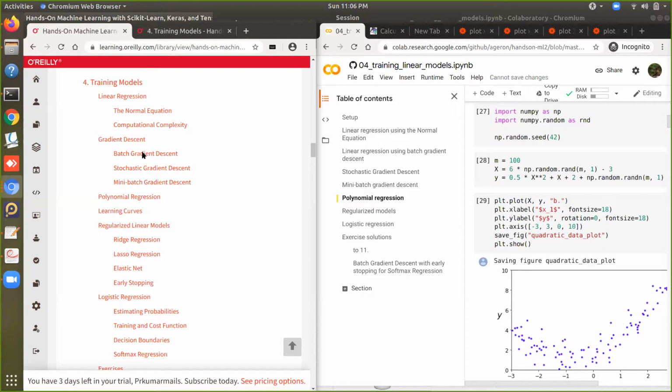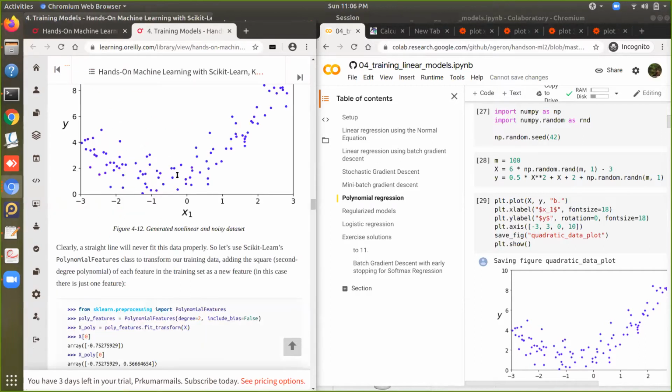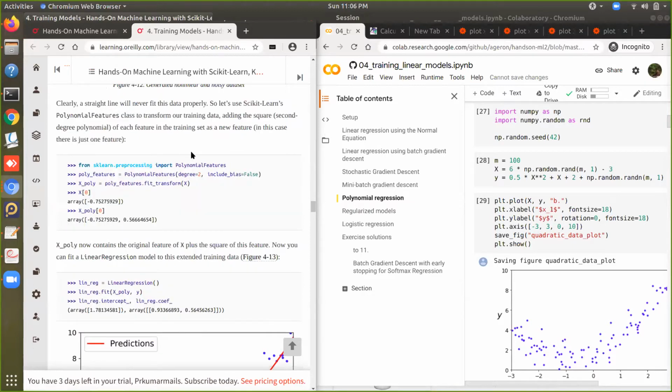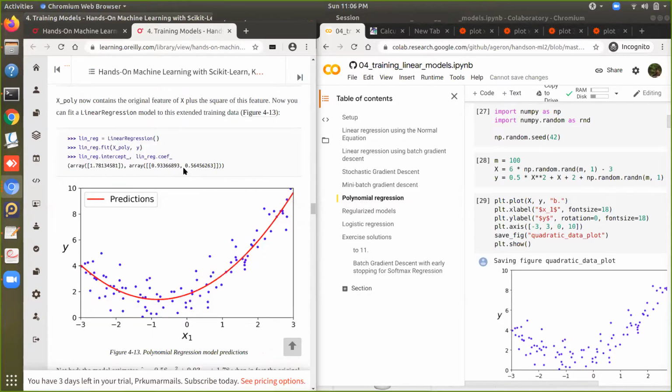In polynomial regression, we add synthetic features of higher-order degrees, so that it captures some patterns, and that reflects during training. Accordingly, it will learn and get to know the details.